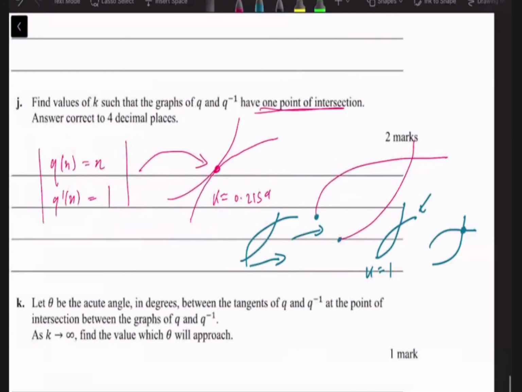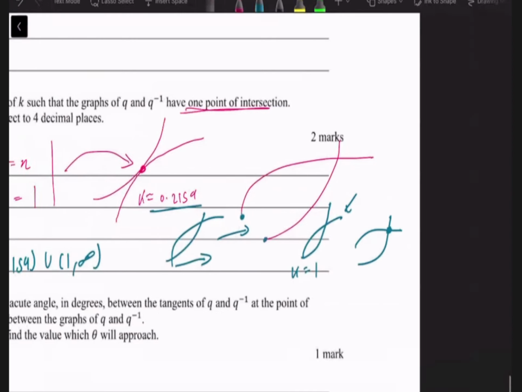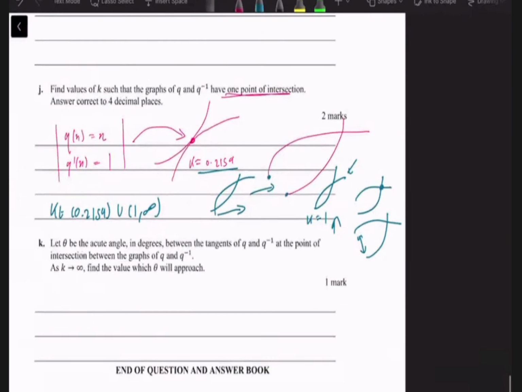So k is an element of 0.2159, union 1 to infinity, because the more you increase k from 1, the more separate these two get. The gap here gets wider and wider. Yeah, I hope that made sense.